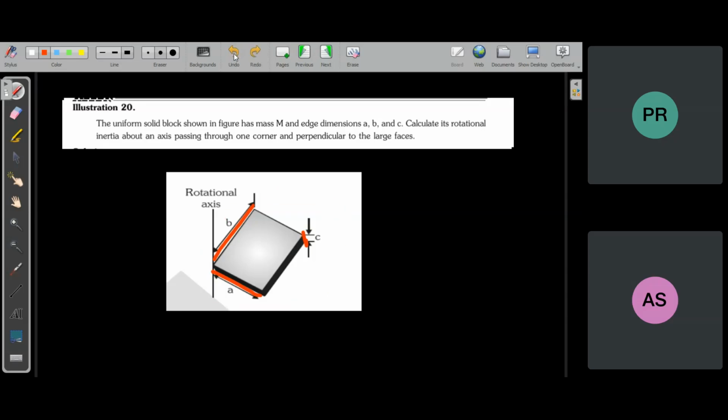Axis is vertical, passing through the corner, perpendicular to the plane of the book.